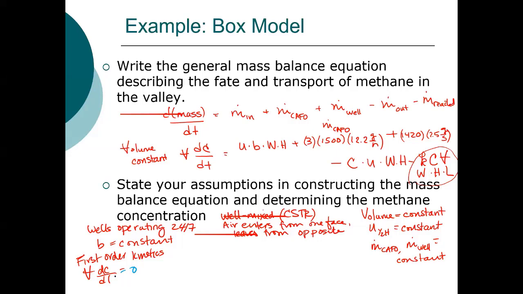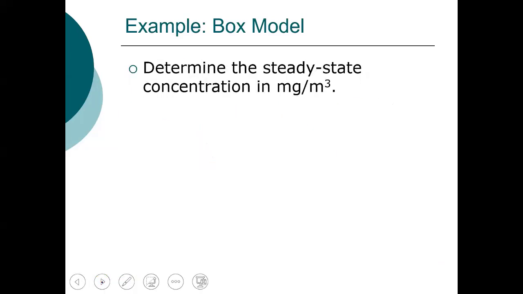And it's important to recognize that these are the assumptions behind the model that we're using. So the next thing we need to do is to determine the steady state concentration.